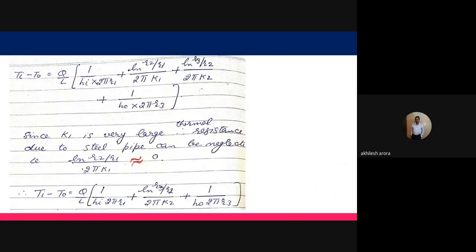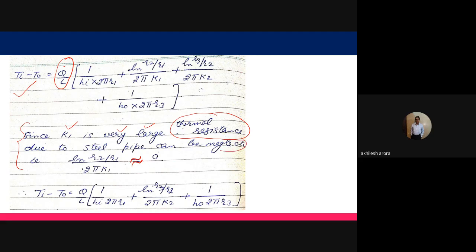Now, once again, the same equation is written here. I would like to give you some idea about how the heat loss is going to vary. I need to calculate this particular value. Since K1 is very large, because it's a steel, a metal, its thermal conductivity is very large, so the thermal resistance due to the steel pipe can be neglected.